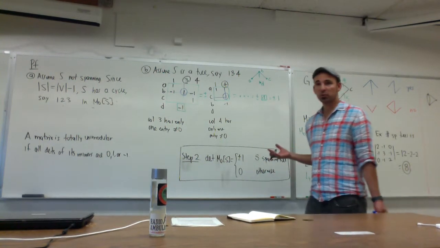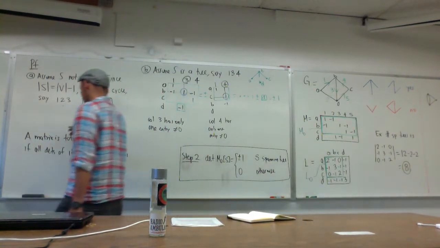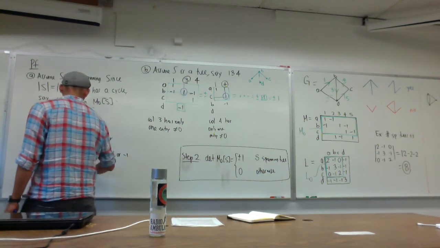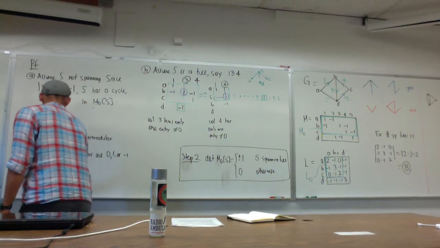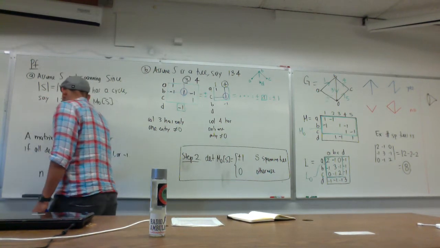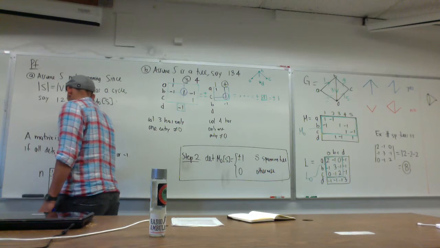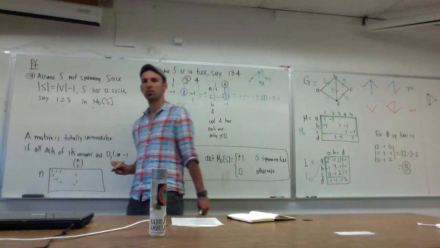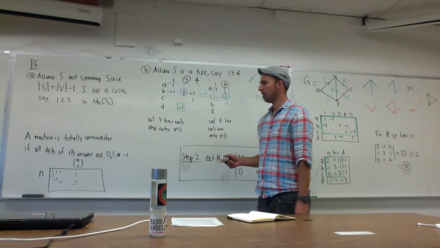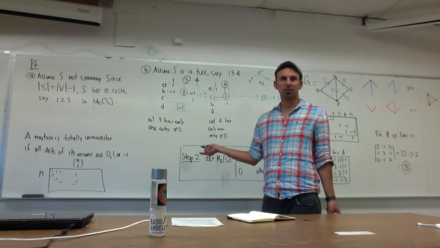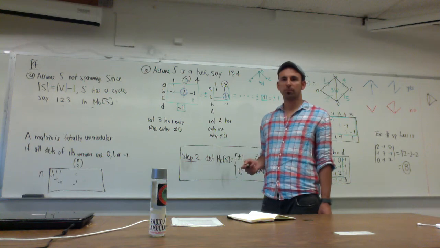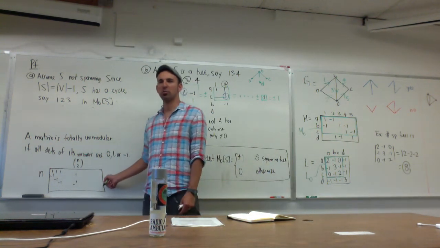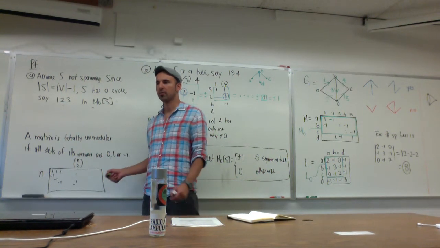And actually what we just proved is that if you consider the n by n choose 2 matrix, consisting of all the possible edges, 1 minus 1, 1 minus 1, etc., all the ways of putting a 1 and a minus 1 here, this argument shows that every single minor here is either 0, 1, or minus 1. So this is a prototypical example of what a totally unimodular matrix looks like.